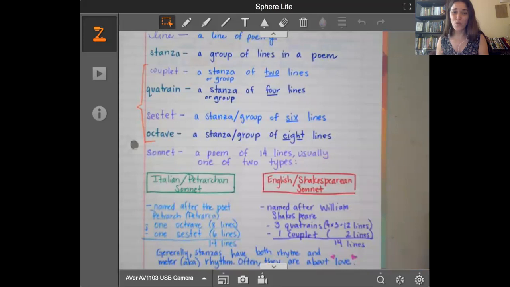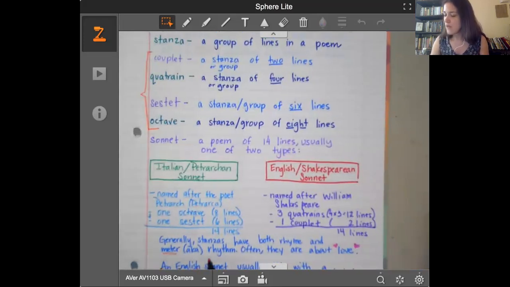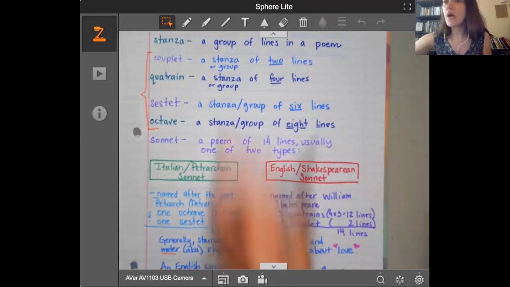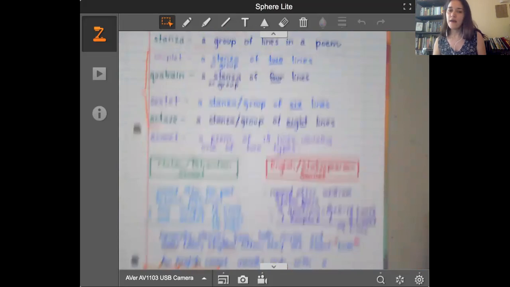I know that that's weird and confusing because why would we call it 2 things? But meter and rhythm really are the same thing when we're talking about poetry. And often sonnets are about love, not all of the time, but a lot of the time.